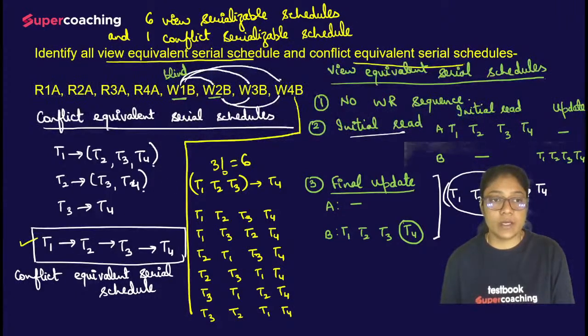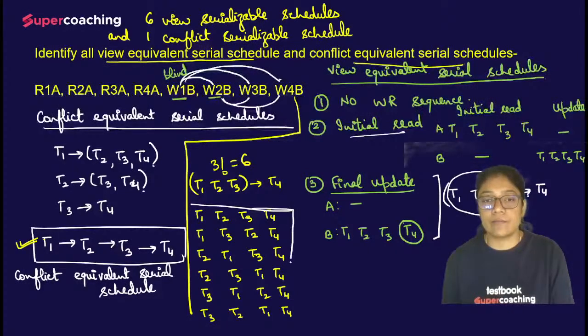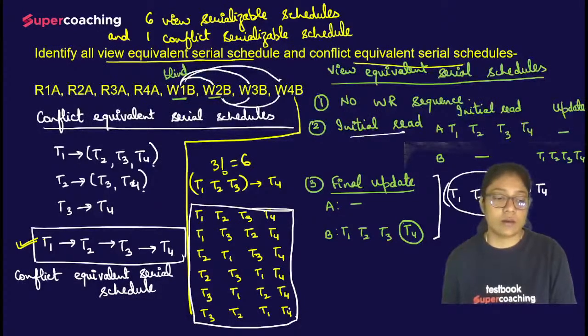This is the conflict serializable schedule, and here we have the set of 6 view serializable schedules. Make sense? Doubt?